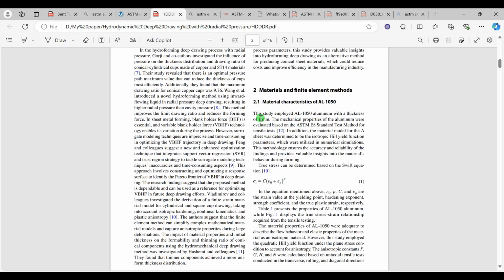We can easily find that the ASTM E8 standard was used for this paper as well. From here we can understand that for sheet metal or aluminum sheet, we should use the ASTM E8 standard.